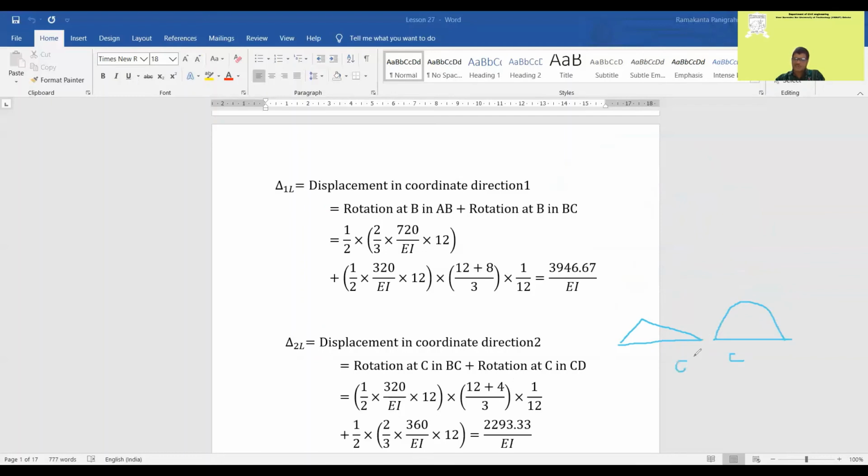C and C. So you need this reaction. So now in the direction 2L, from this span will come and from this span. So to find out this reaction, you take moment at this point.